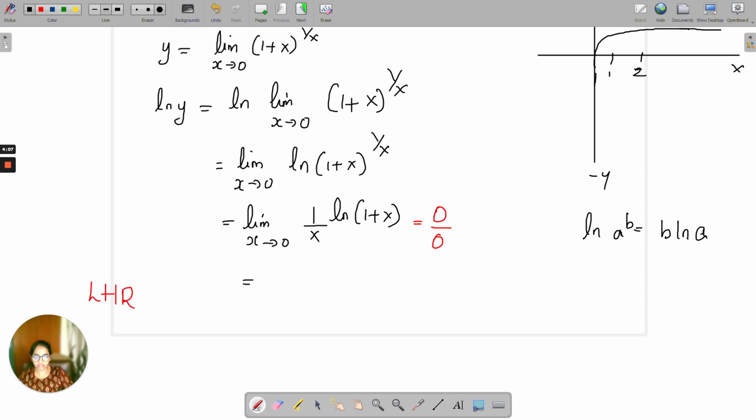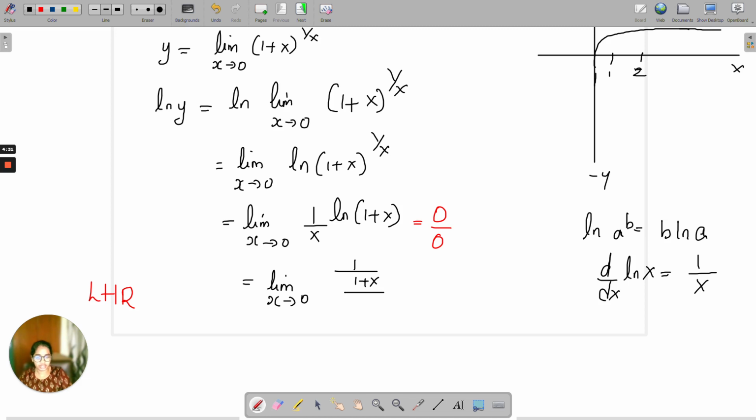What is L'Hospital's rule? You would have to differentiate the numerator and the denominator with respect to x. Differentiation of ln (1 plus x) with respect to x is 1 divided by (1 plus x), right?